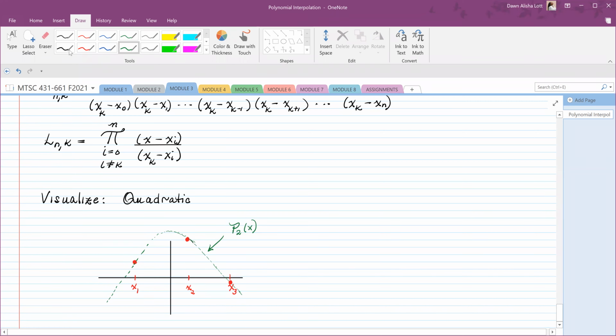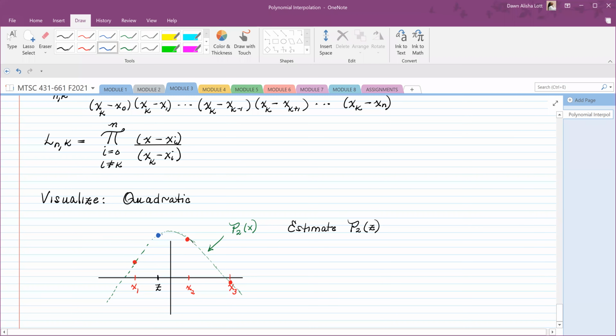But I can now estimate P2 of some z. So if z is here, then I'm going to estimate that P2 of z is this value right there.